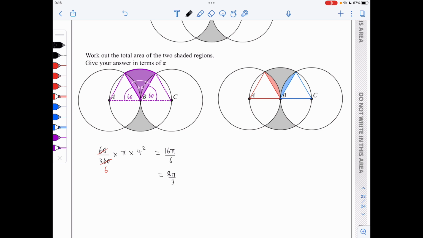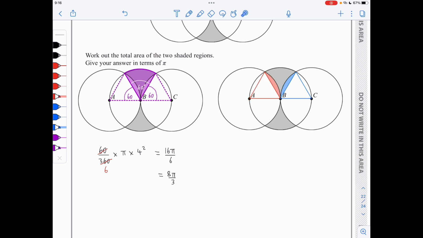Now I will find the area here, and I will double it so that I account for the blue part here as well. So this here is a segment. I will do this sector and deduct the area of the triangle here.